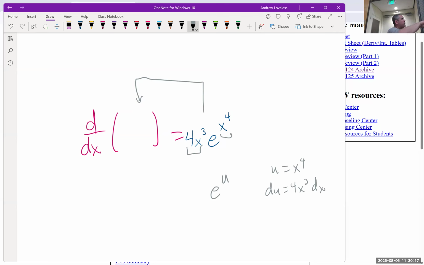So it really was two separate derivatives. So if somebody told you that, then you could say, well, where did this come from? This came from e to the u. Where did this come from? This came from x to the fourth. And so we're trying to split up our thinking. And so substitution helps us get rid of the piece that we know came from this chain rule. Okay, so it's a rewriting.